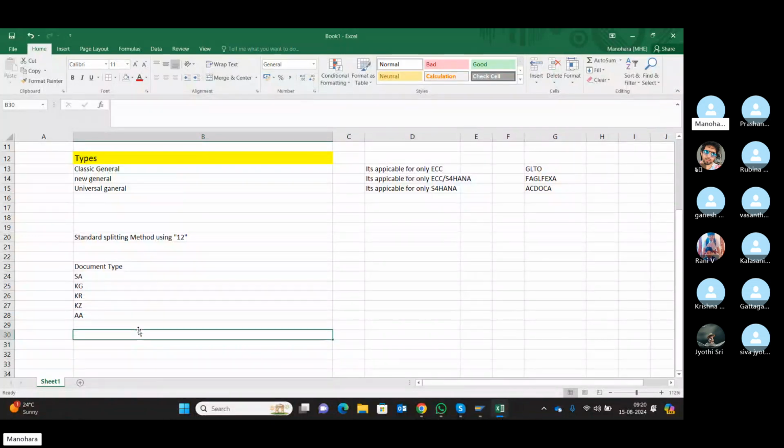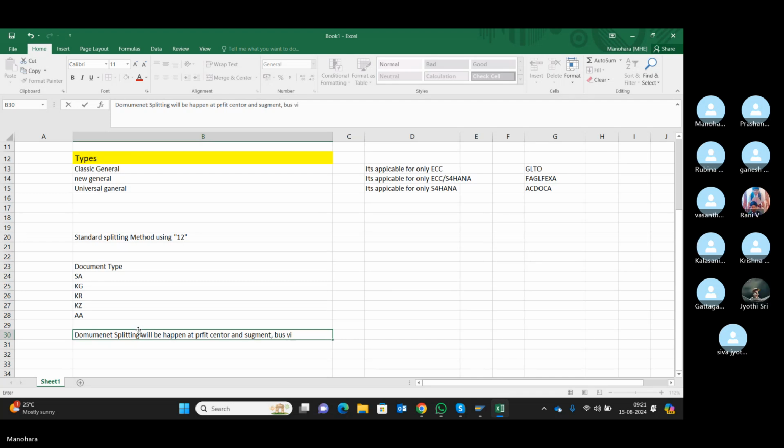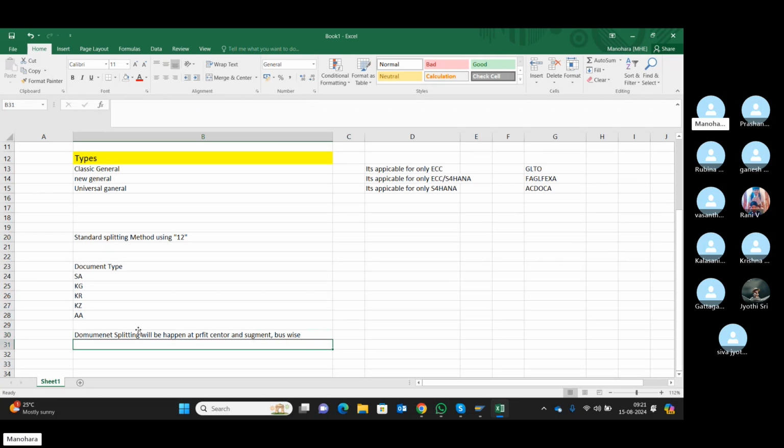Document splitting will happen profit center-wise, segment-wise, and business-wise. So based on these three, documents will be split.